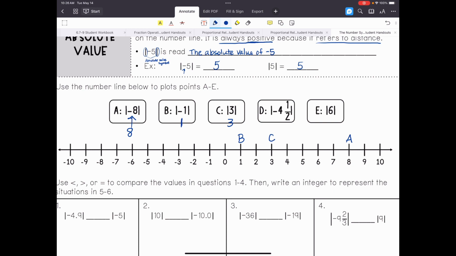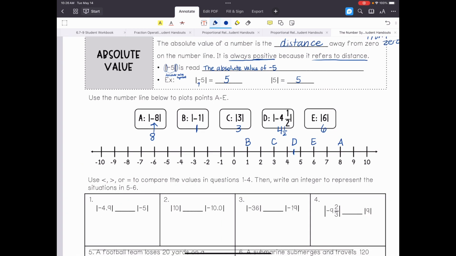And then -4.5 is 4.5 units away from 0. Because we don't have a half unit, we have to make our own little halfway mark between 4 and 5, and that's where our D would be. And then the last one, how many units is 6 away from 0? It's 6. So there's where E goes. So the absolute value is talking about the distance from 0. That's a vocabulary word that you want to remember.